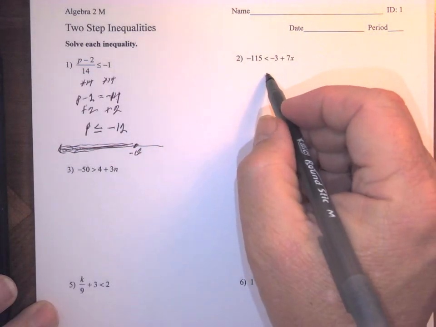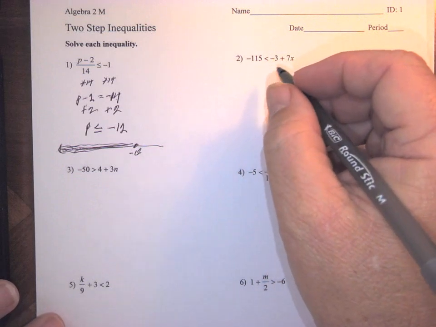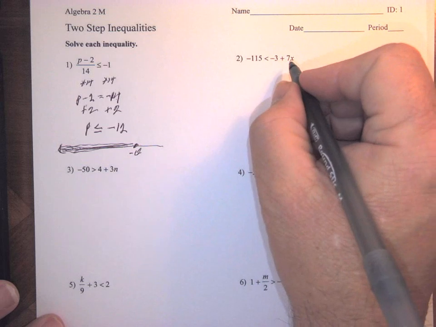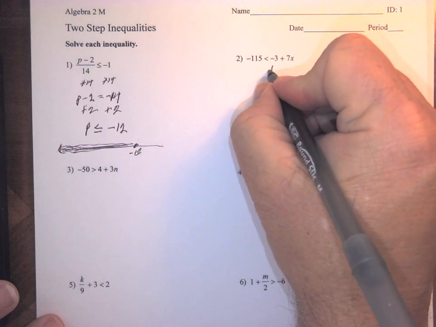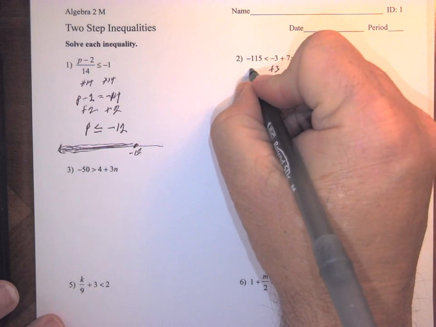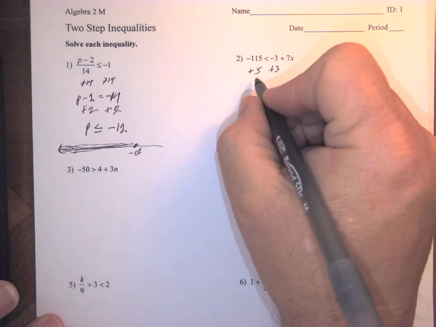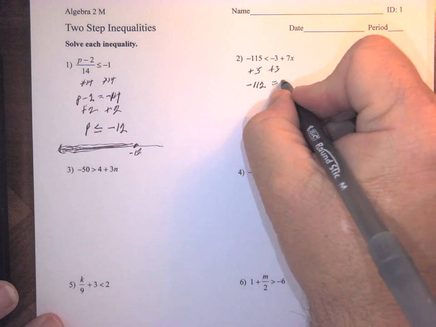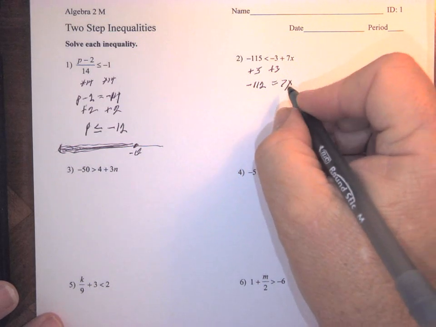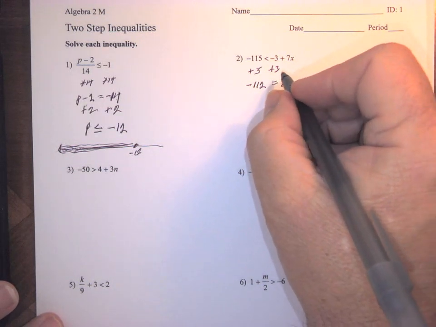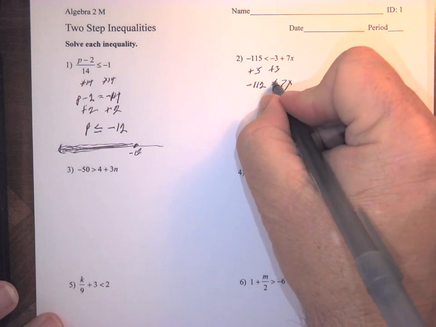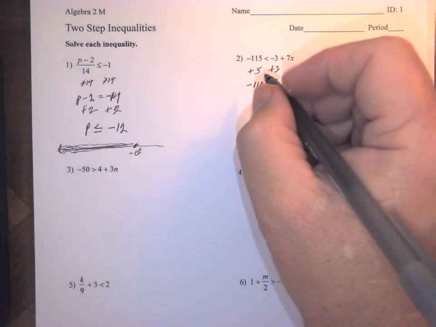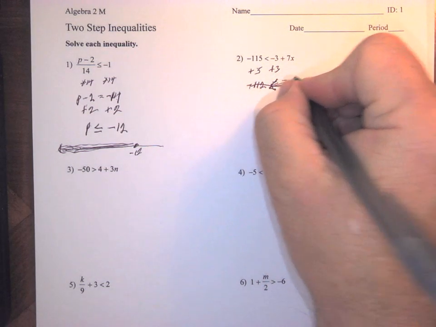So if we come over here and we start, well, we want to get our x's and our numbers on opposite sides. So we're going to add 3 to each side. And we end up with negative 112 is less than or equal to 7 times x. Now let's just draw it over here.